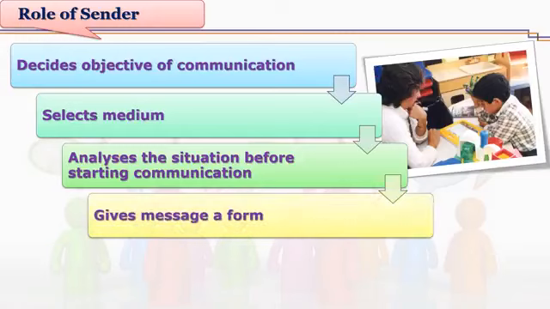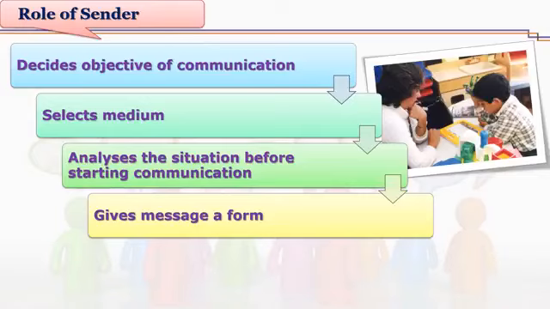Now, when actual communication starts, the form of communication comes into the picture. So, as per the medium selected and as per the appropriate situation, the sender gives some form to the message. Teachers also need to decide about the form of the message.